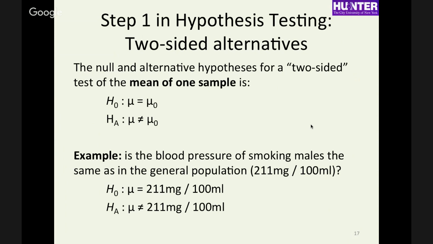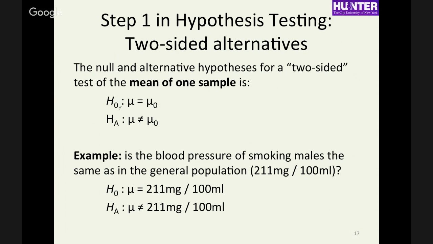Two-sided alternatives, we call them two-sided because the difference from the null hypothesis could be something either greater or less than the null value. And we write these down as follows. So H0, that's the null hypothesis. The colon, that's just kind of a standard for writing.